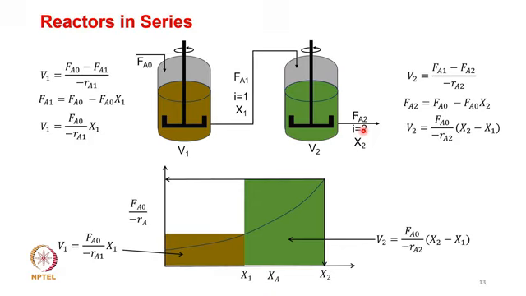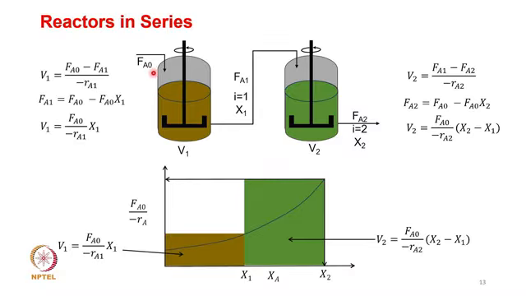One is of course reactors in series. In this case you have 2 CSTRs connected in series, FA0 coming in, having a volume V1, FA1 and having a conversion X1, going to reactor 2 having volume V2, and going out as FA2 with index i equals 2 and X2. We will be able to write the volume expression or the CSTR design relation for the individual reactors.